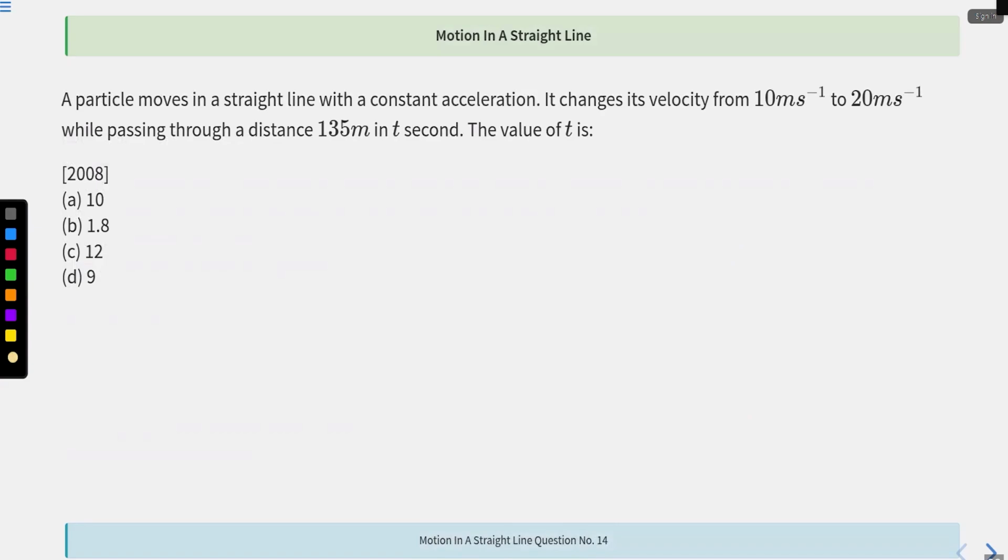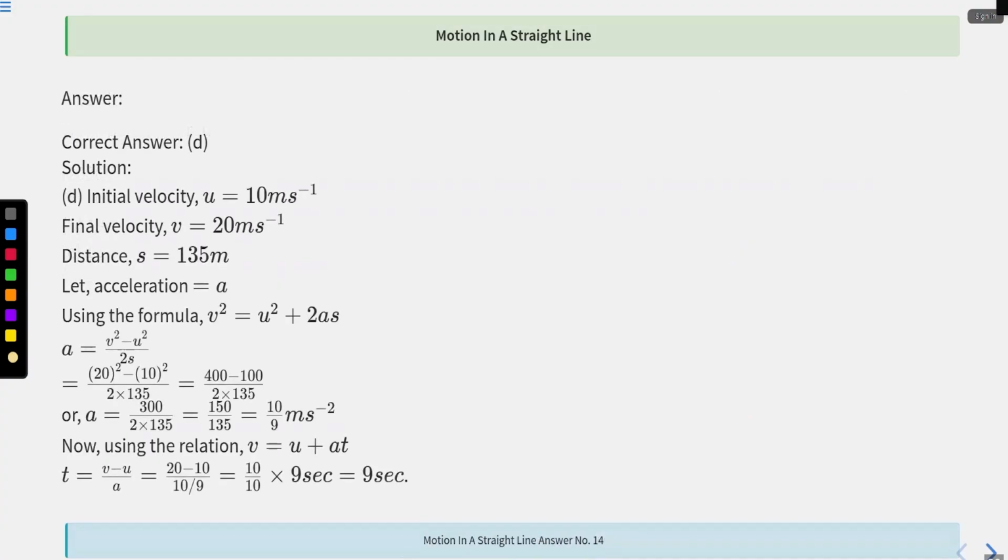If a particle moves in a straight line with a constant acceleration, it changes its velocity from 10 meter per second to 20 meter per second while passing through a distance of 135 meter in t seconds. Then what is the value of t? Now see, what they have given us is the third equation of motion.